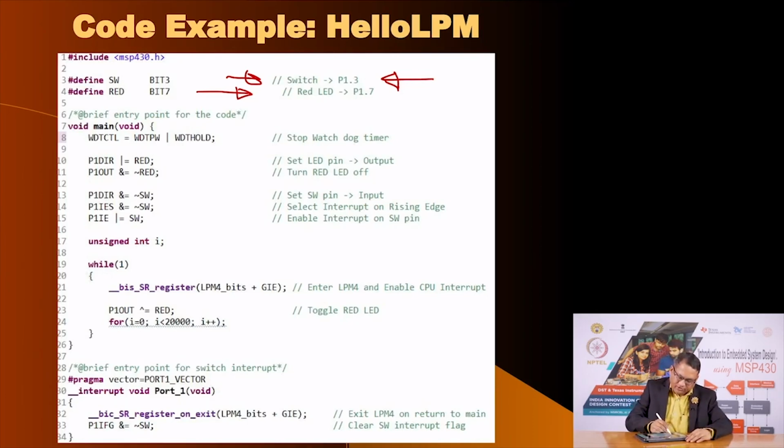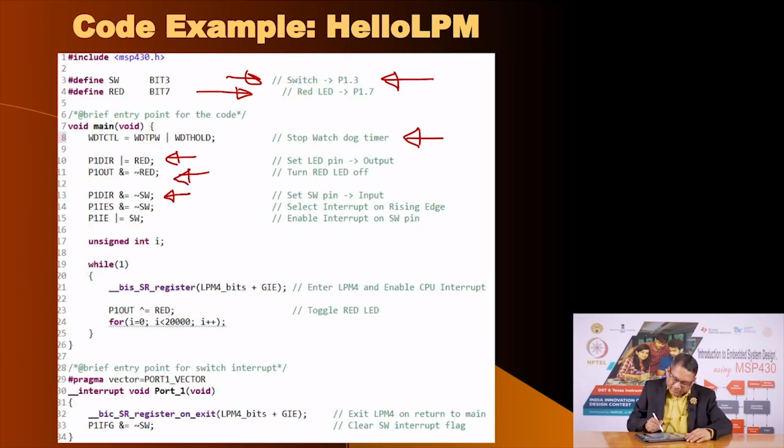First of all, whenever we reset, the first instruction we execute is to disable the watchdog timer. Then we are turning port 1.7 as output and port 1.3 as input, and before that we are turning the LED connected to port 1.7 off.